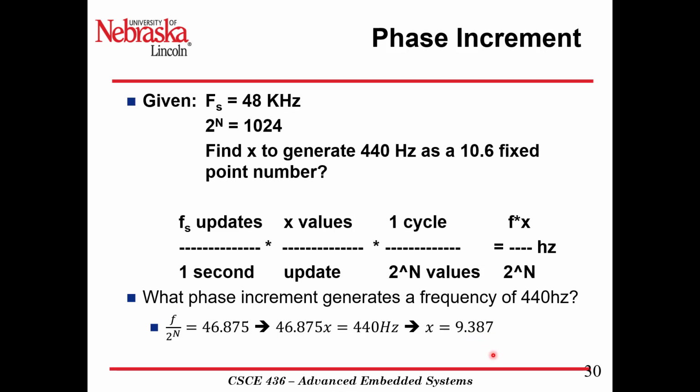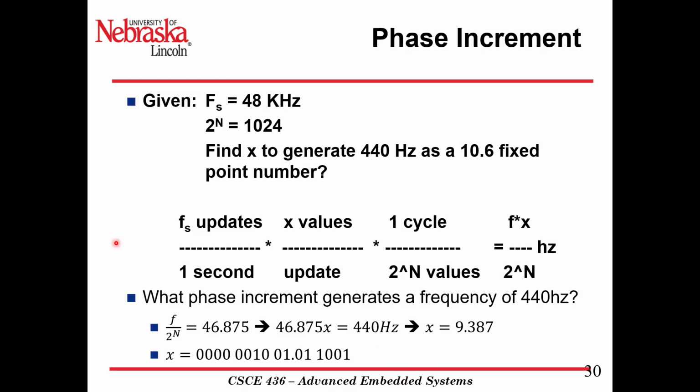So, how do you represent 9.387 in 10.6? This is the value you're going to get. The whole portion's pretty easy, right? 0.1001 for 9, and then our radix, our binary point. And then on the right hand side, we're going to get 011001.